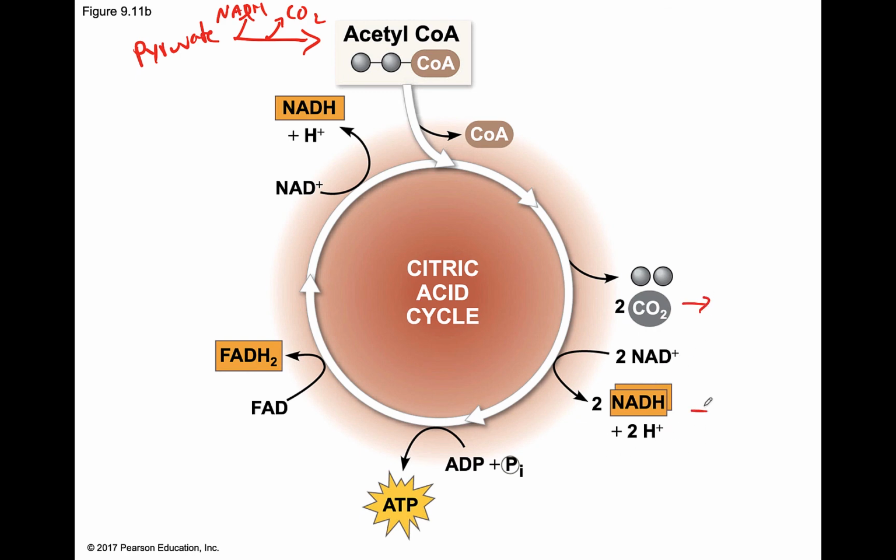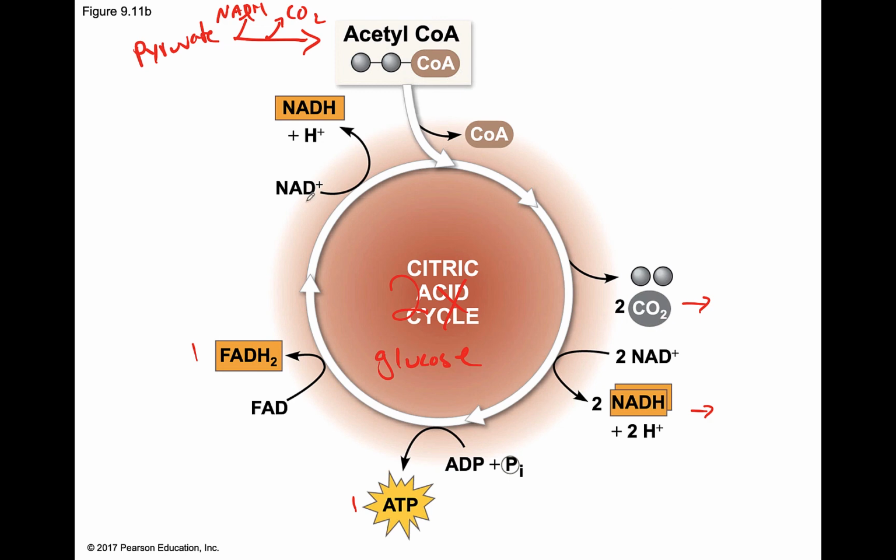It's going to generate 2 NADHs over here. Here's my 1 ATP, 1 FADH2, and then here's a third NADH. So all of this, the pyruvate oxidation and then the citric acid cycle, is going to happen times 2 for each glucose molecule that we start with in glycolysis.